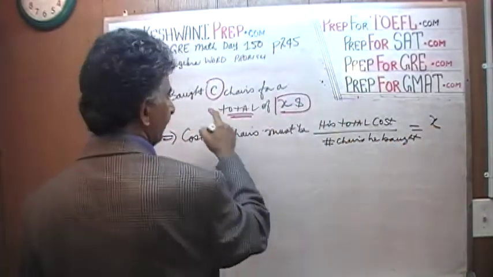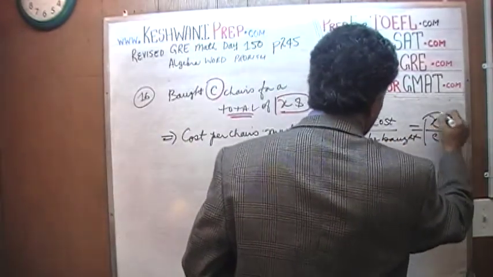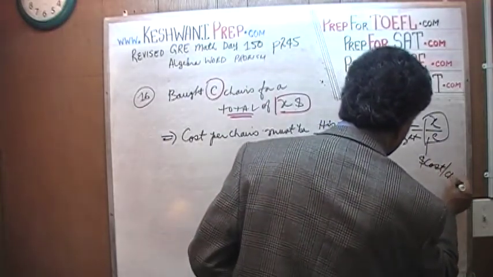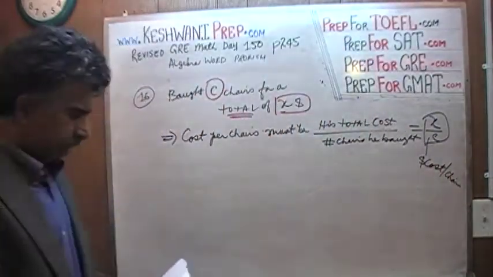The number of chairs he bought is C. So that's his cost per chair. Cost per chair, X over C.